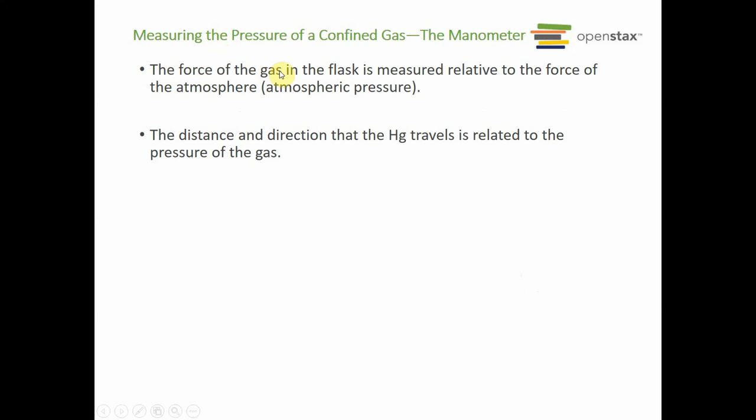The force of the gas in a flask is measured relative to the force of the atmospheric pressure. So if we have a bottle that we close off and it gets more and more pressure to it, the force on the flask is the difference between the pressure inside the flask and the atmospheric pressure outside.